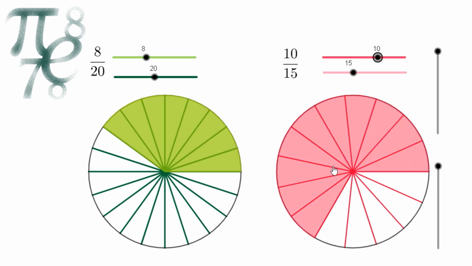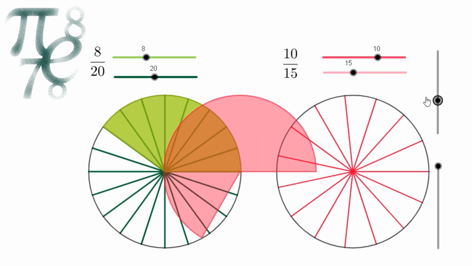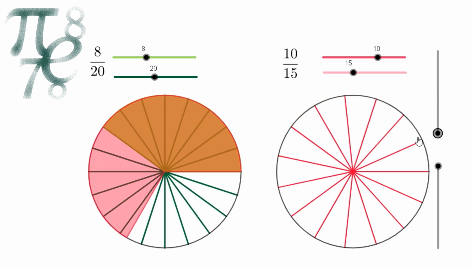Another example. The red circle has 15 parts and it has 10 shaded parts. The green circle has 20 parts and it has 8 shaded parts. Are the ratios equivalent? We see that this is not happening.